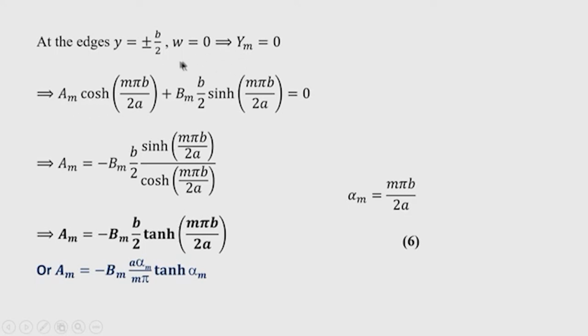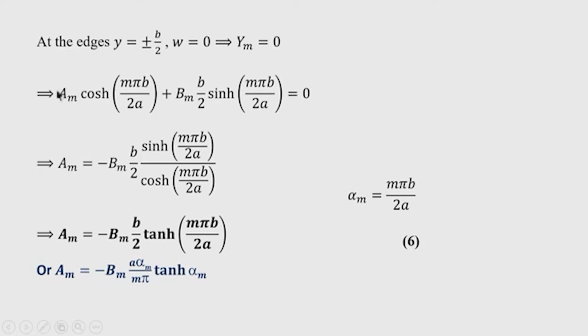So I have written b by 2 instead of y, and again b by 2 here, and sin hyperbolic m pi b by 2a. This is the equation obtained by applying the boundary condition on deflection on the edge y equal to plus b by 2. Minus b by 2 also you can obtain a similar equation.